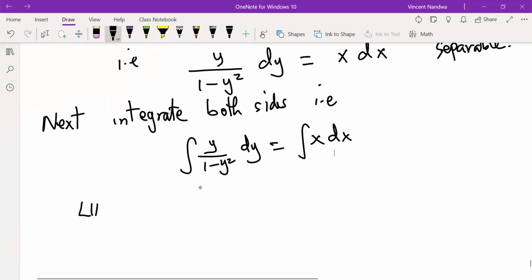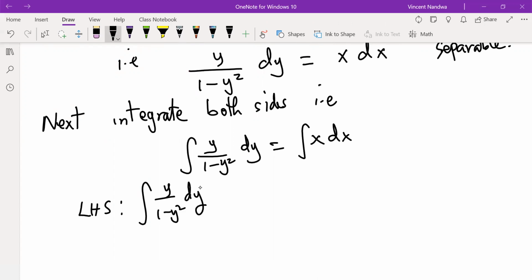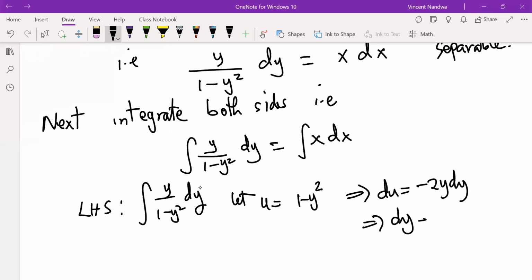Now the left-hand side integral, y over 1 minus y squared dy, we use integration by substitution. So let u be 1 minus y squared, which means du equals negative 2y dy. So dy alone will be negative du over 2y. So this will be the integral of y over u times negative du over 2y.